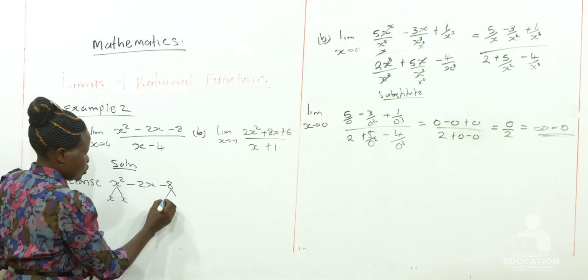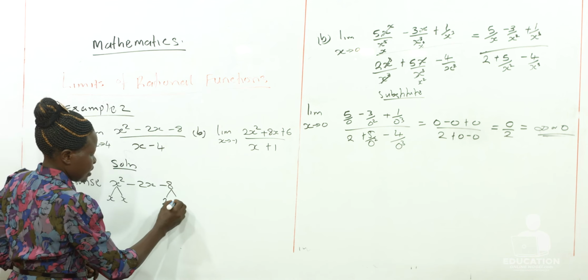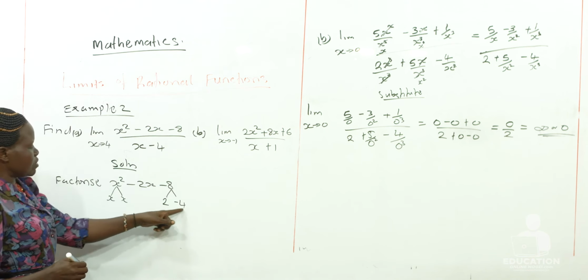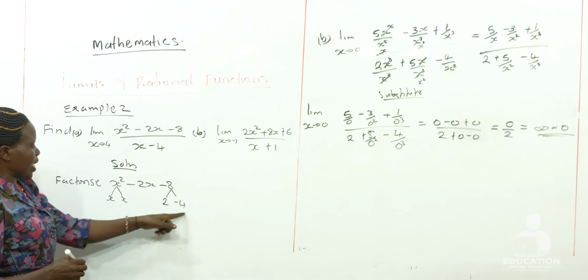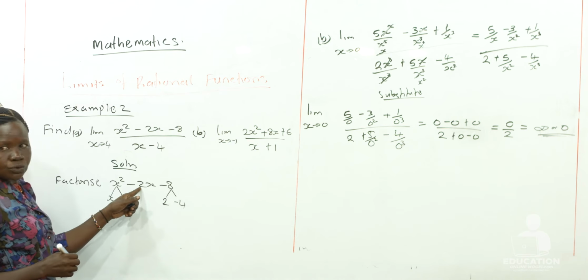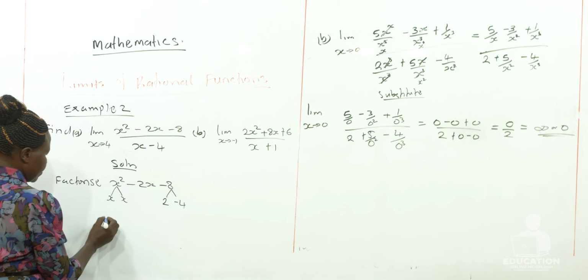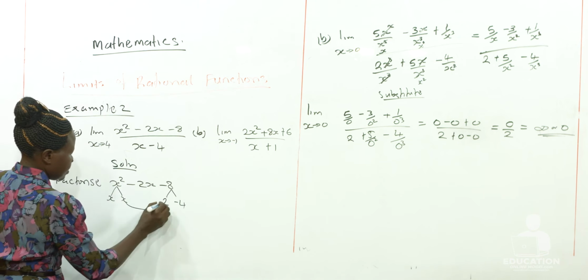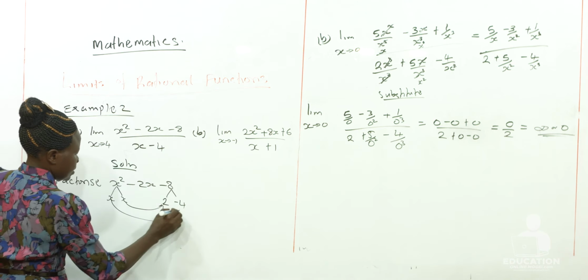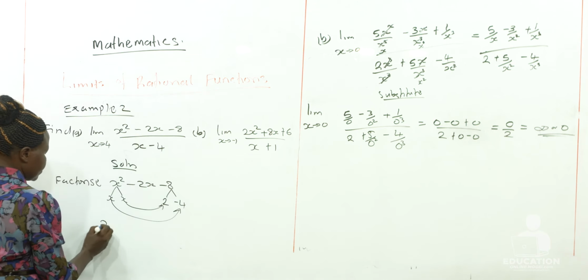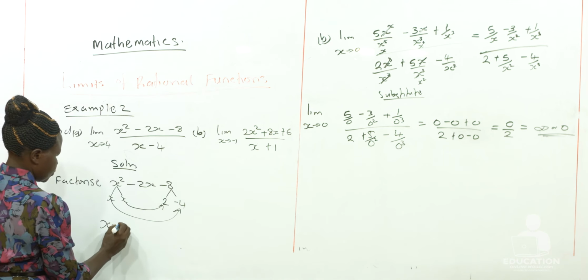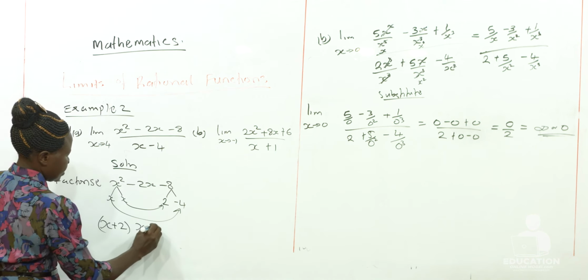Here is 2 and negative 4, so that when we multiply, we get negative 8, and when we add, we get negative 2. So we shall have the two factors as x plus 2 and x minus 4.